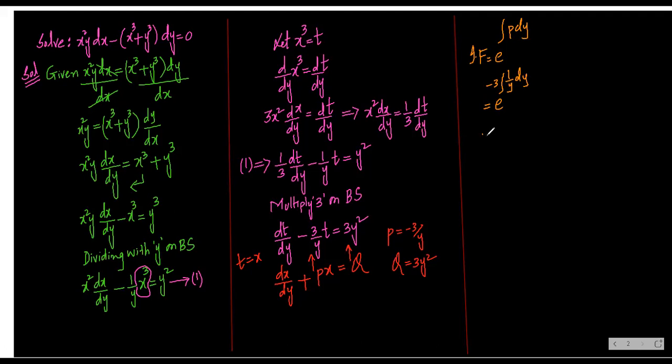This is equal to e to the power of minus 3 as it is, 1 by y integral is log y, which is also equal to e to the power of log y to the power of minus 3 we can write, and e log is 1, so it becomes y to the power of minus 3, which is also written as 1 by y cube. Now we should write the solution and finish off this problem.